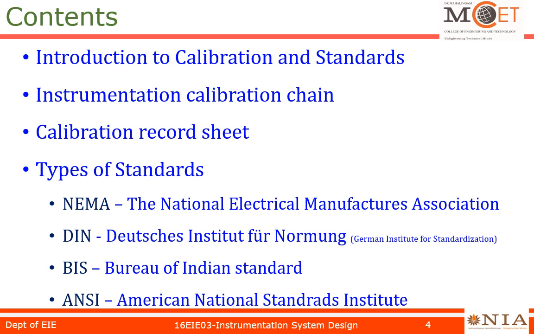NEMA is the National Electrical Manufacturers Association. DIN is Deutsches Institut für Normung. It means the German Institute for Standardization. BIS is the Bureau of Indian Standards, and the last one is ANSI, the American National Standards Institute.